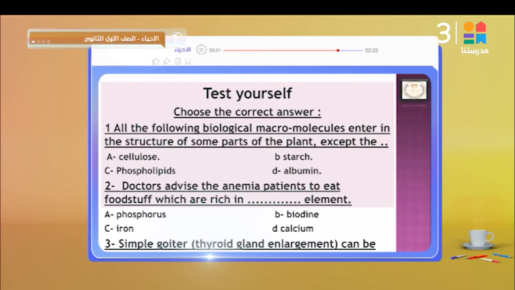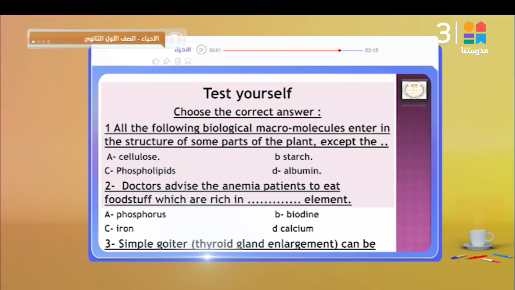Okay? Number 2, the doctor advises anemia patients to eat foods which are rich in which element? Phosphorus, not related to anemia. Anemia occurs when there is a deficiency, يعني نقص, of iron element that enters the structure of the hemoglobin that is capable of carrying oxygen.